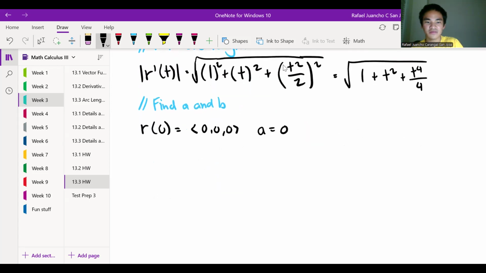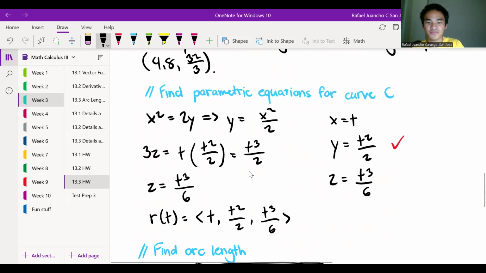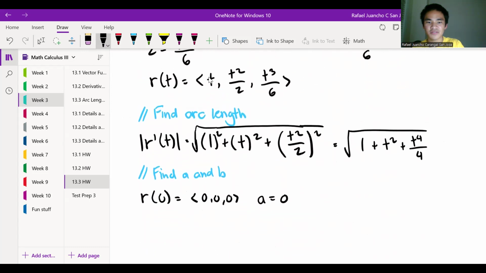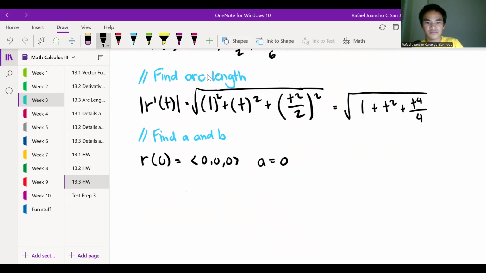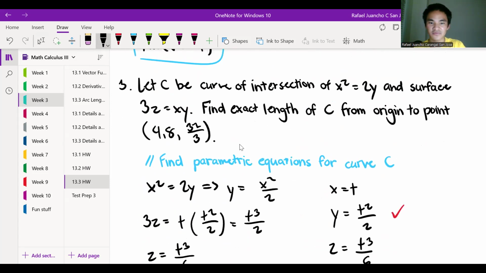And for my b, I need some t where I get (4, 8, 32/3). So let's say my 4 is equal to t. Then I plug in a 4 here. 4 squared is 16, divided by 2 is 8, exactly what I need.